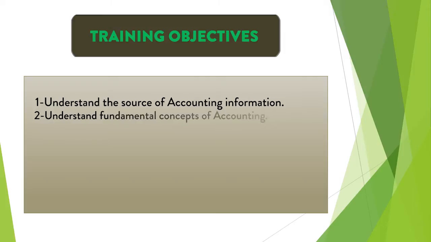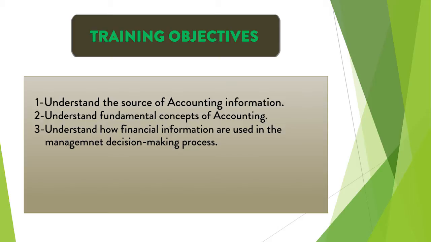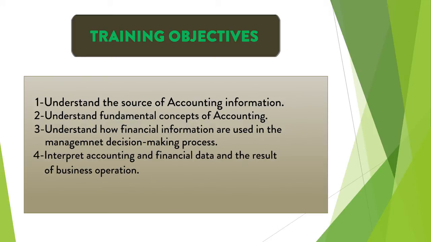Two, we need to understand the fundamental concepts of accounting. Why accounting anyway? And do we really need to do accounting? Three, we'll understand how financial information is used in management decision making. We'll need to look at how we can interpret accounting and financial data and the results of business operations.